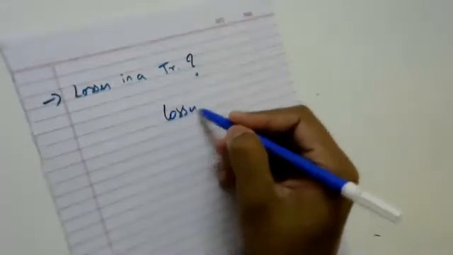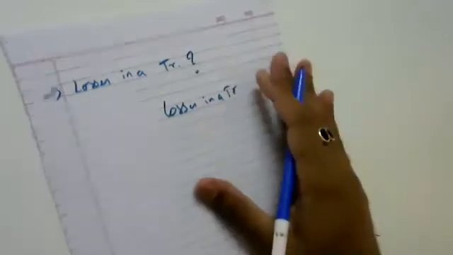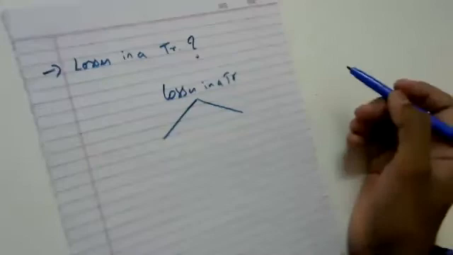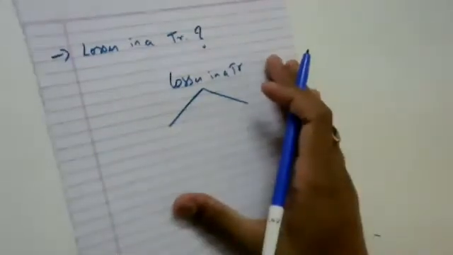If I'm talking about losses in a transformer, there are basically two types of losses that occur in a transformer. One, we call it a core loss, or nothing but an iron loss.